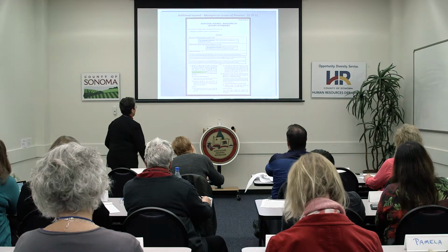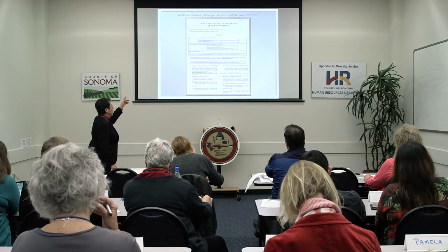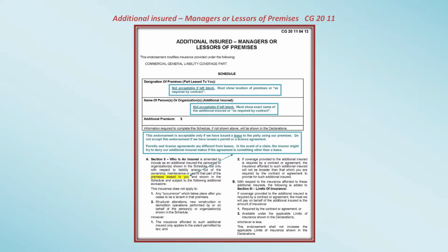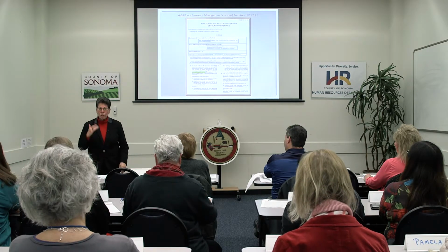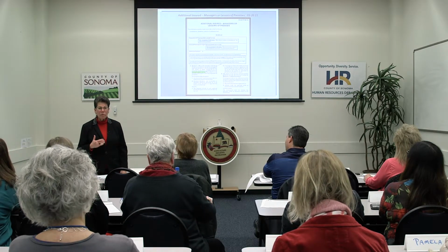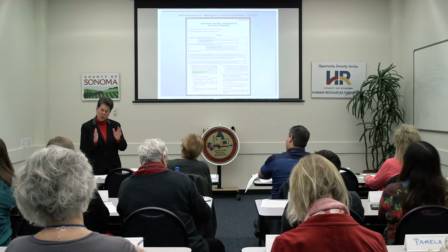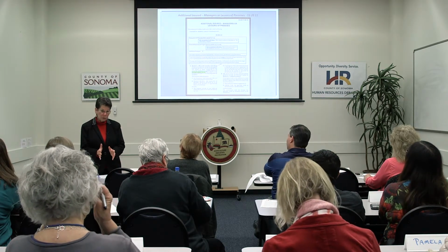Okay, anyway, notice the highlighted language where additional insureds for liability arising out of premises leased to you, you being our tenant, right? We're not you, the tenant, the other guy's the you. Okay, if there's no lease, you cannot accept this. Okay, that's a very rigid, hardline approach.